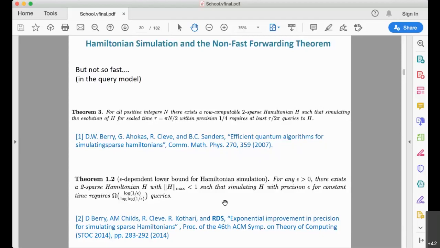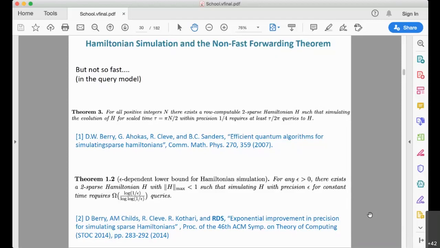And that function is this strange function, which is the logarithm of 1 over epsilon over the log of log of 1 over epsilon. But it's telling you that you can't achieve zero error with a finite size quantum algorithm for Hamiltonian simulation, for all instances at least.